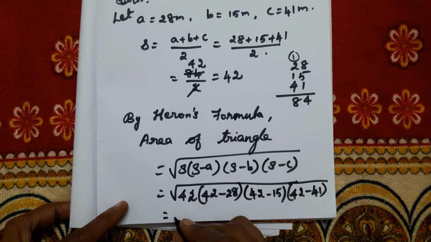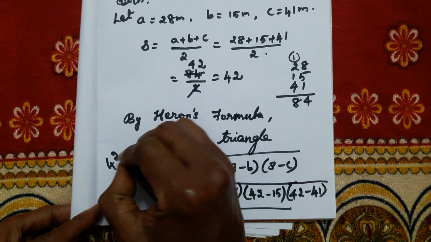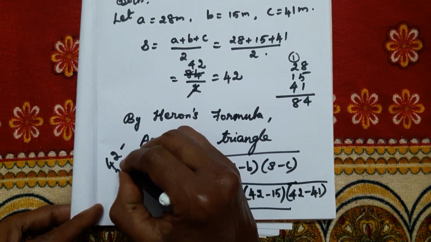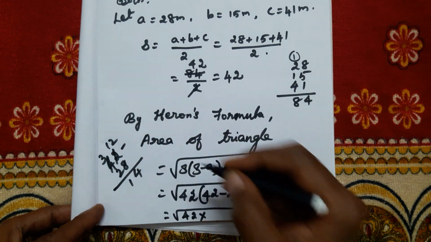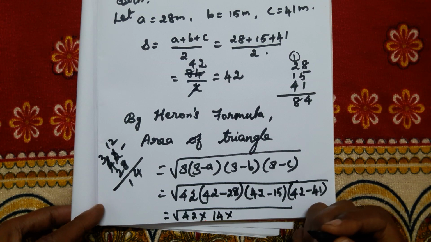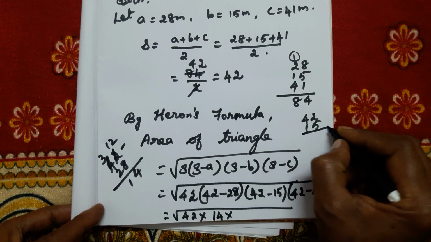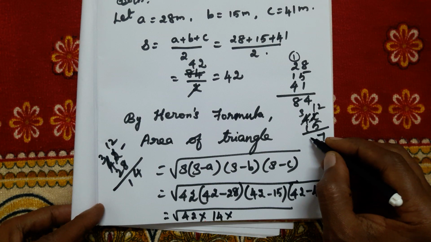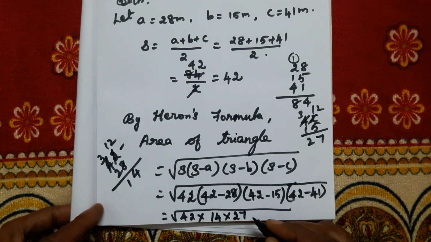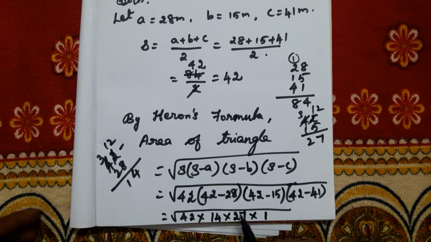Next, it is equal to root of 42 into 42 minus 28, which is 14, into 42 minus 15, which is 27, into 42 minus 41, which is 1.